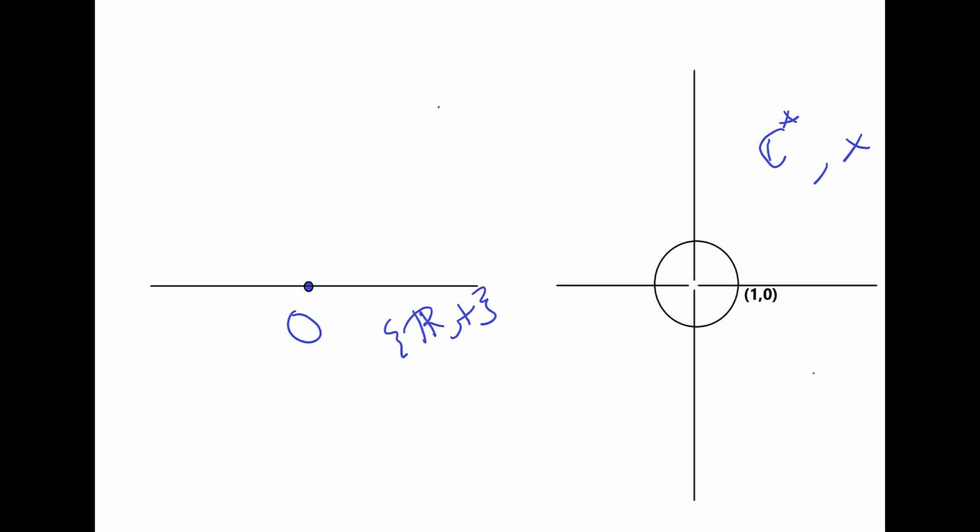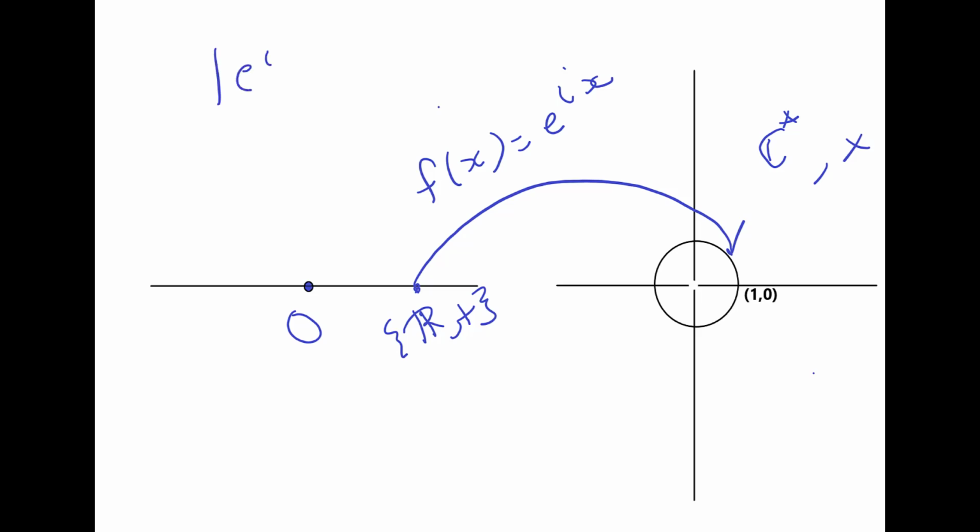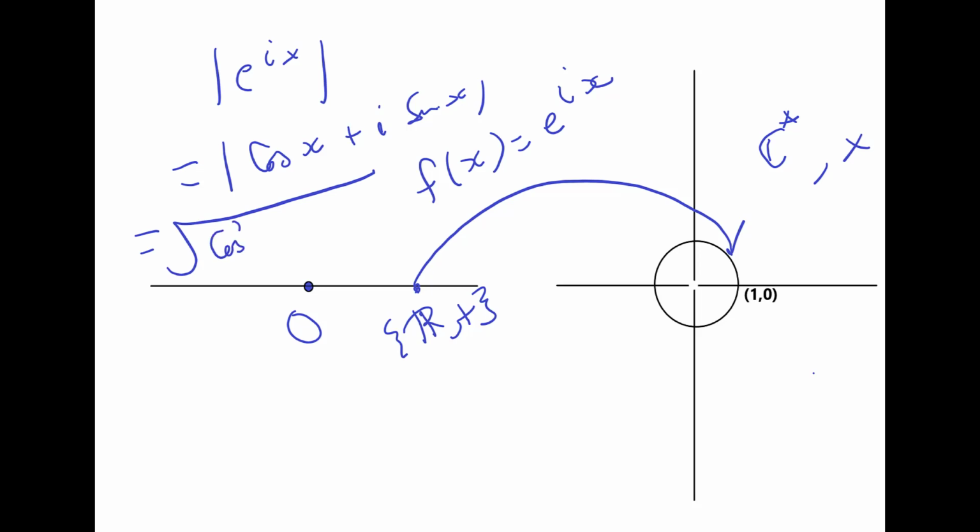So what happens here is that every point just gets mapped to a point on this unit circle under the map f(x) equals e to the ix, because as you can see by Euler's formula this is cosine x plus i sine x, and if we compute the modulus, then the Pythagorean theorem gives us that cosine squared x plus sine squared x is 1.